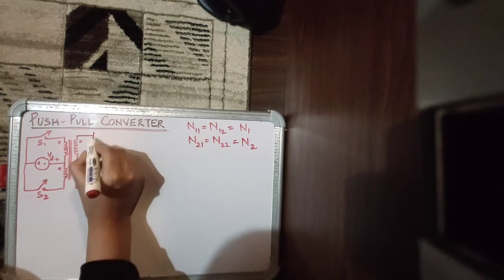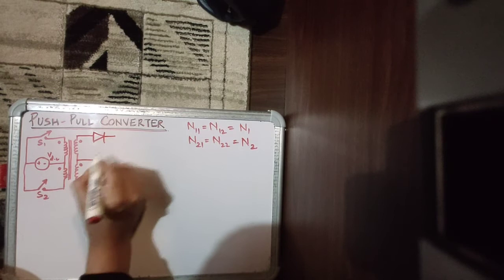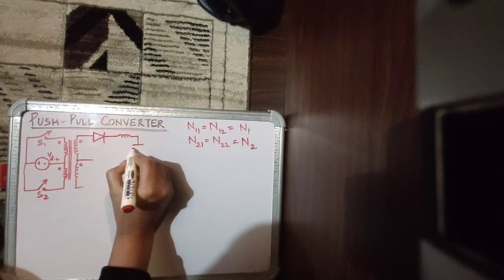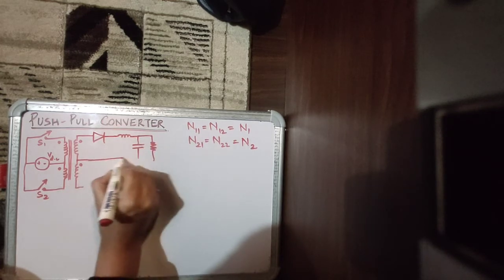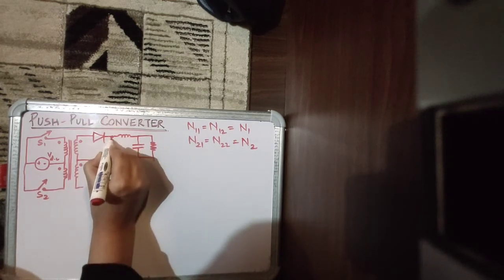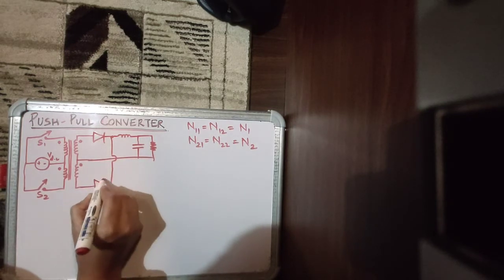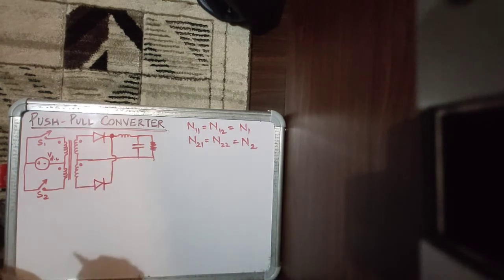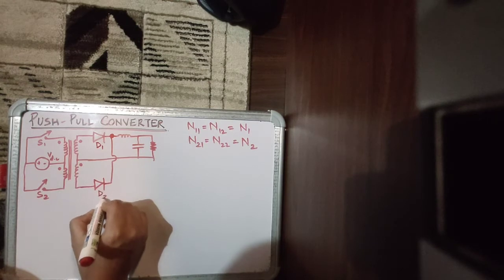Now you have a diode here, an inductor over here, a capacitor, your load, and then the other winding has a diode at the same connection point with L, C and R. So again you have two diodes, D1 and D2.